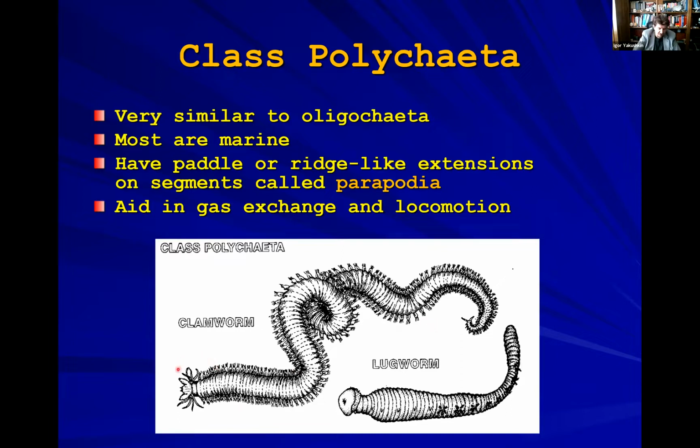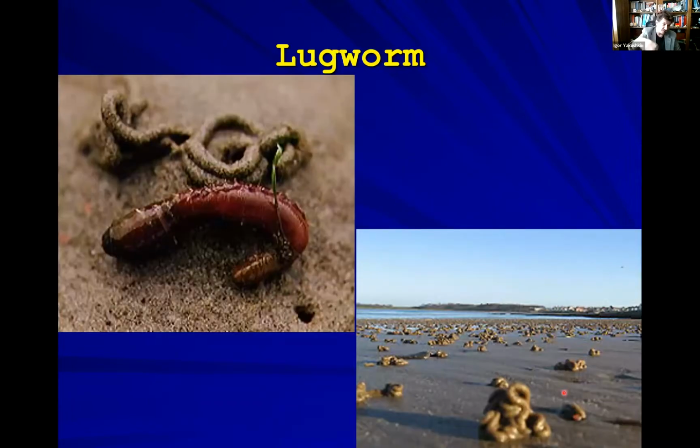And of course, at the front, those parapodia increase in size. As a result, they help in gas exchange, similar to gills. Not exactly gills, but by increasing the surface area, more exchange of gases can occur. We'll see those examples in the lab as well. So here are some of them, and they live literally under the sand.